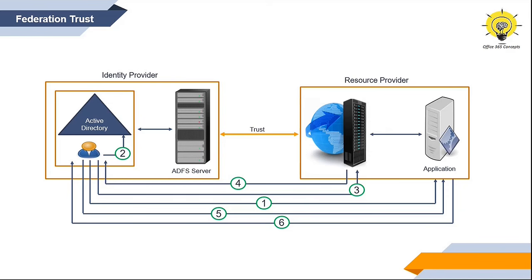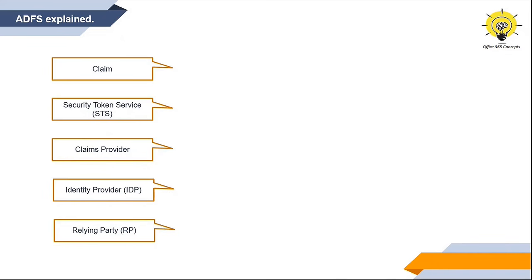Now let's understand a few terms that I will be using throughout this series. What is a claim? A claim is a piece of identity information. It could be a display name, email address, or department. All these Active Directory attributes are called claims in ADFS. Security Token Service, or STS, issues the tokens to the authenticated users.